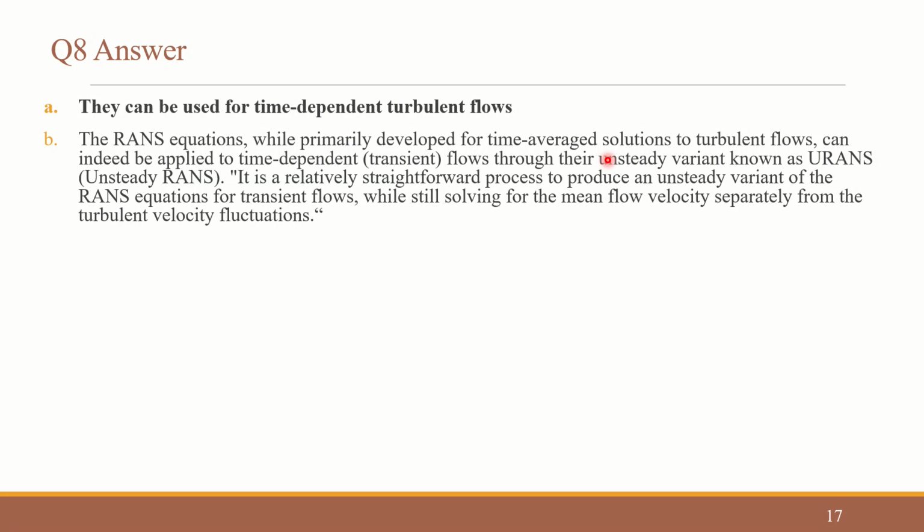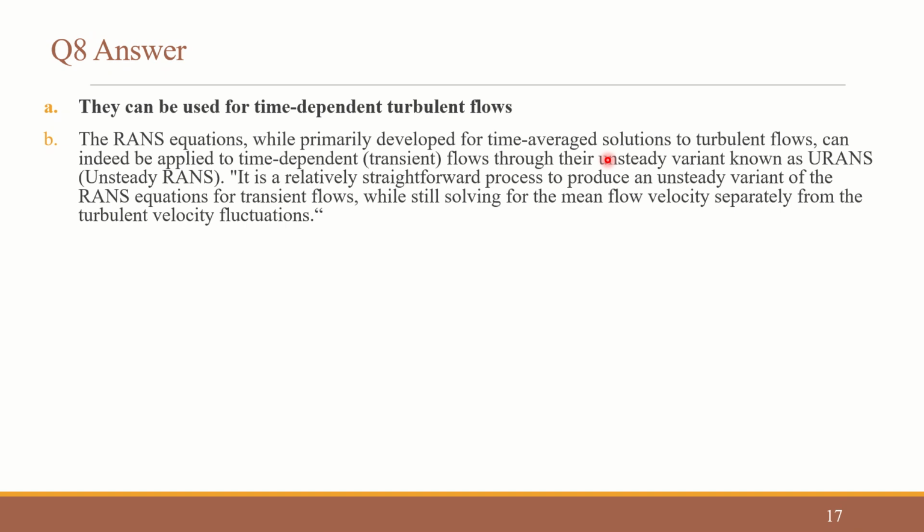It is a relatively straightforward process to produce an unsteady variant of the RANS equation for turbulent flows while still solving for the mean flow velocity separately from the turbulent velocity fluctuations. So the RANS equation was primarily developed for time averaged solutions to turbulent flows.